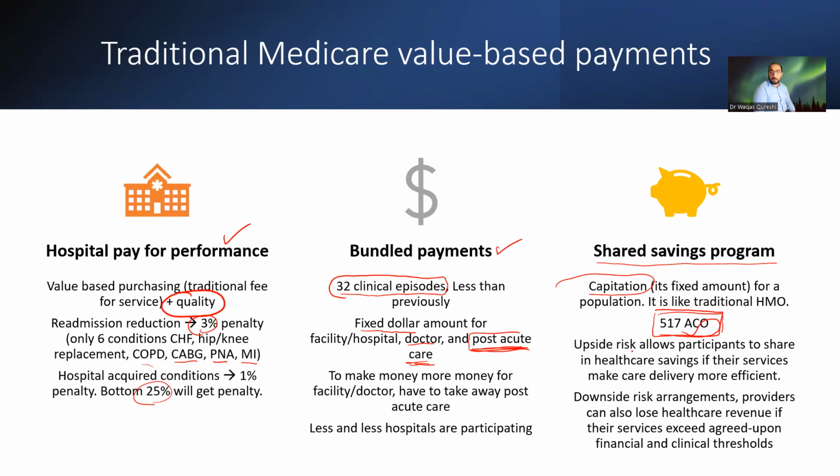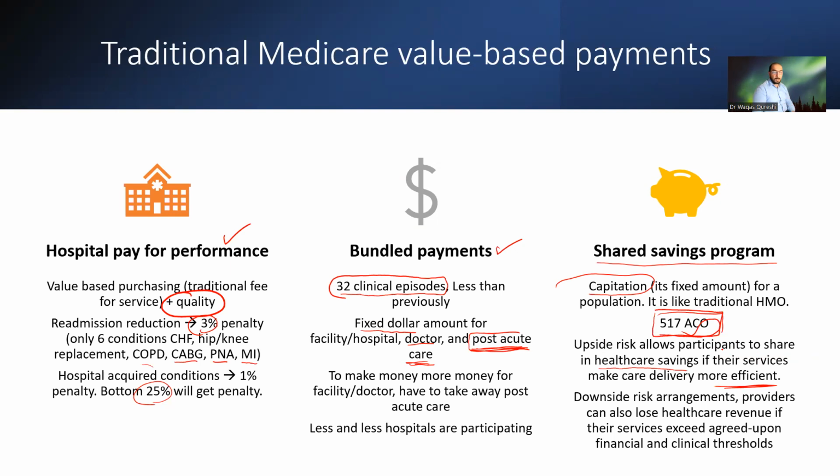So there's an upside risk, which means it allows the participants, which are Medicare patients, to share in the healthcare savings if their services make care delivery more efficient. So the ACO can get, if they're efficient, they are saving the money.